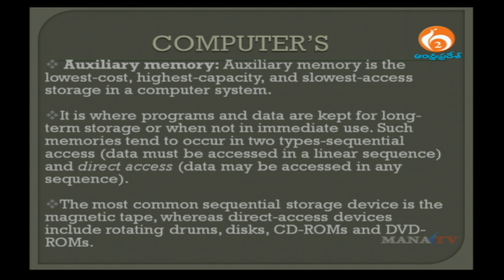Such memories occur in two types: sequential access, where data must be accessed in a linear sequence, and direct access, where data may be accessed in any sequence. The most common sequential storage device is a magnetic tape, whereas direct access devices include rotating drums, discs, CD-ROMs, and DVD-ROMs.